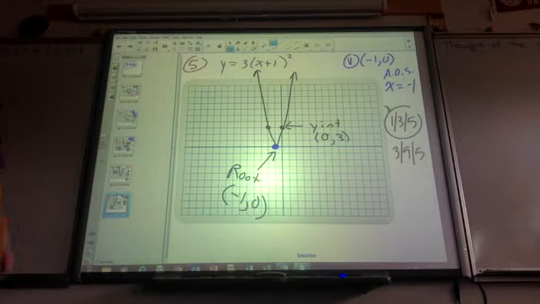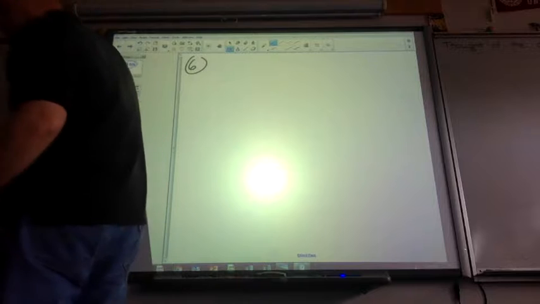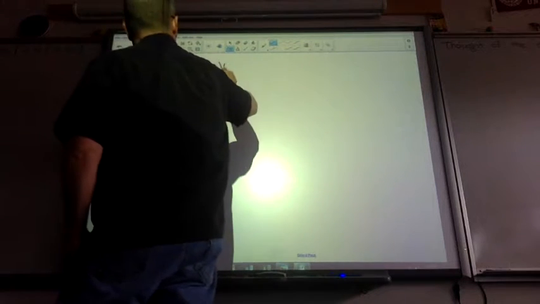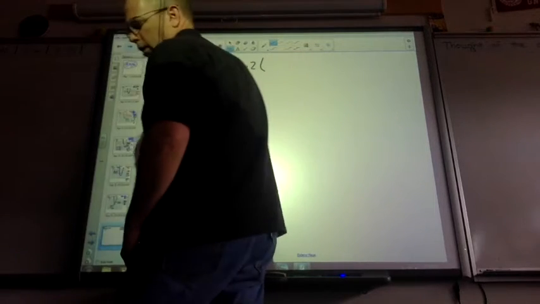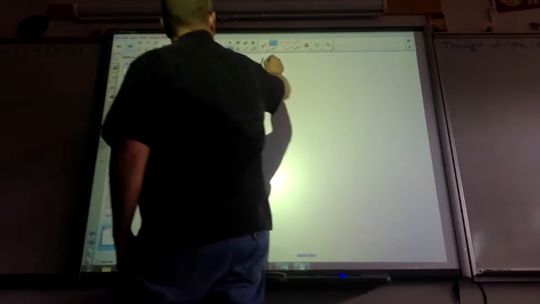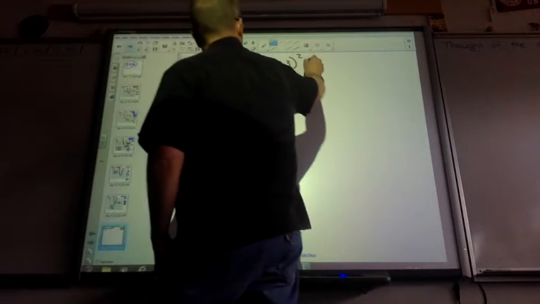Can I go to number 6? Yes. All right, number 6. This will be the last one, or I'll do the whole back page too. Y equals negative 2 quantity x minus 3 squared plus 5.